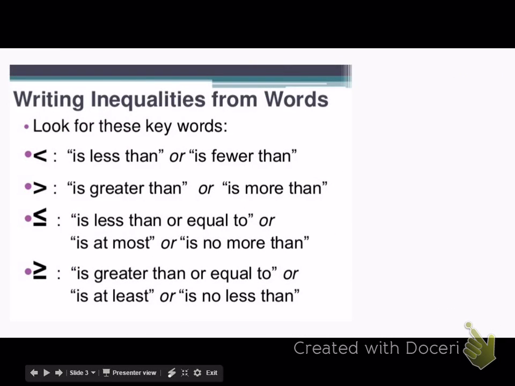One of the things you'll have to be able to do today is to write inequalities from words, such as these keywords. Is less than, is fewer than, means the less than symbol. Notice the presence of the word is.